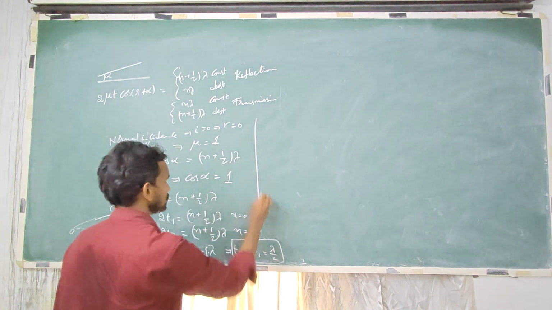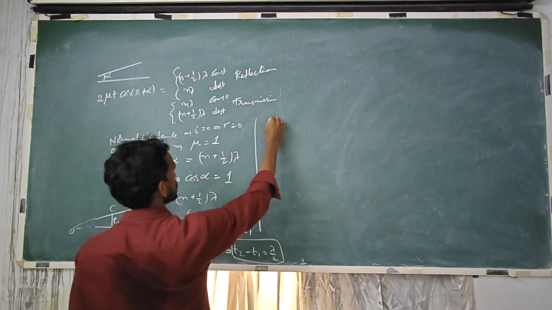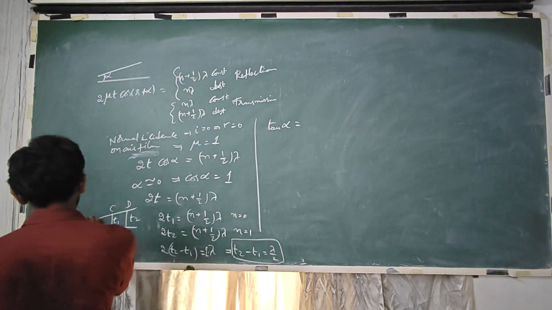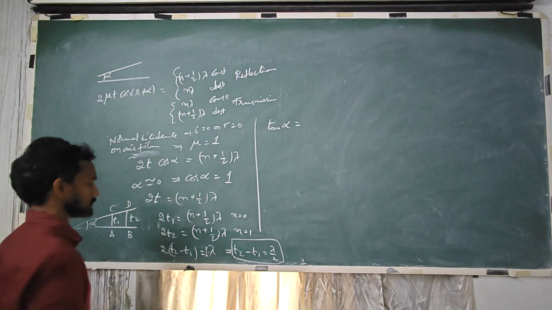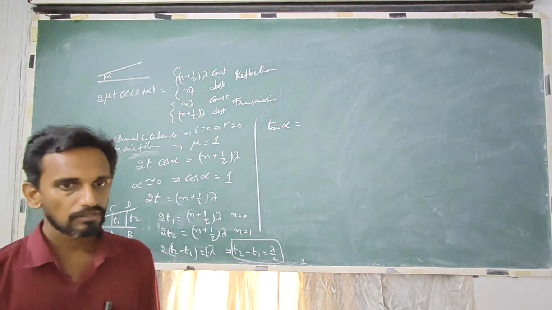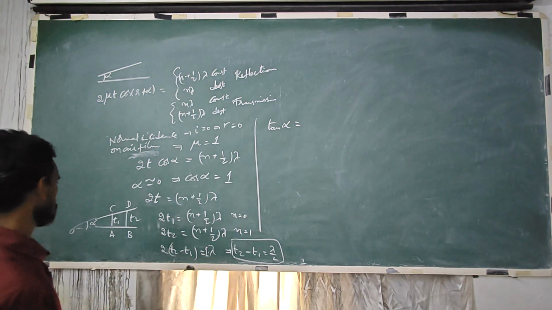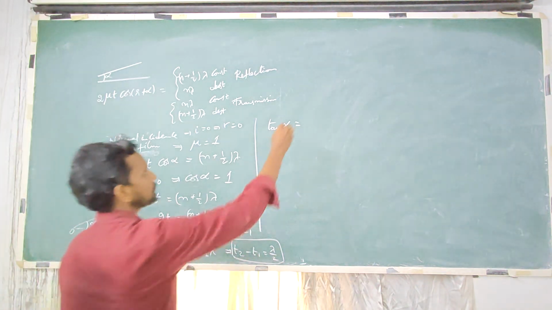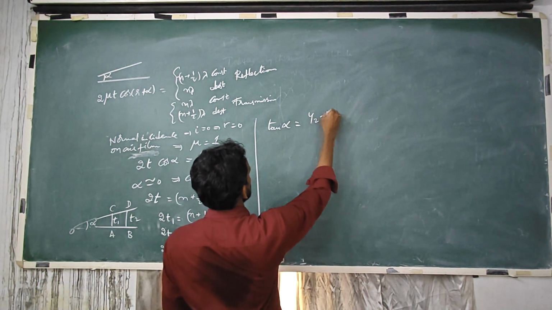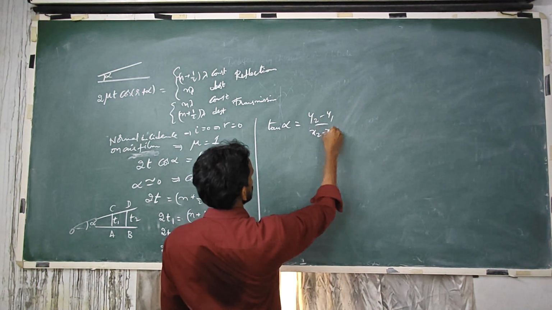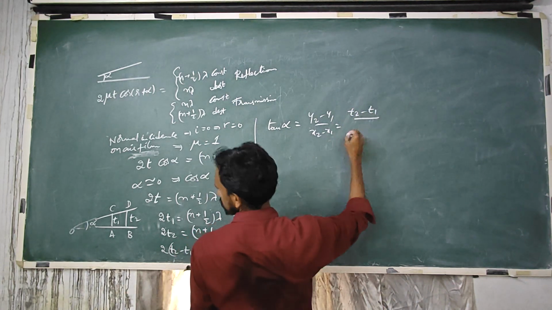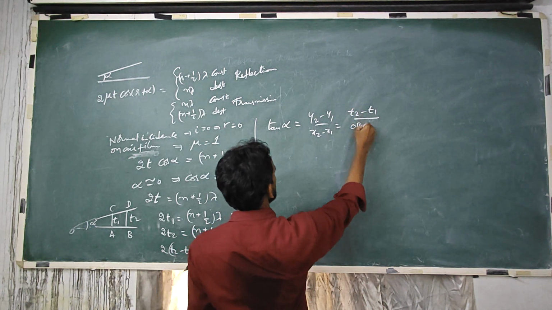And another is, let's say, tan alpha. So this is alpha. What is tan alpha? y2 minus y1 by x2 minus x1. Right? So y2 minus y1 by x2 minus x1, which is T2 minus T1 by OB minus OA.